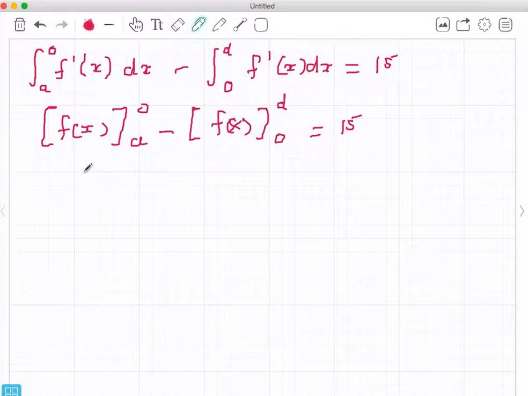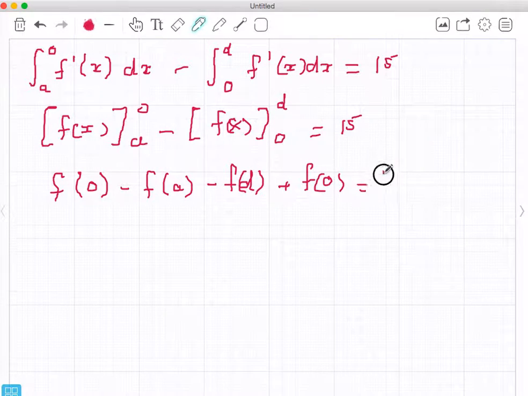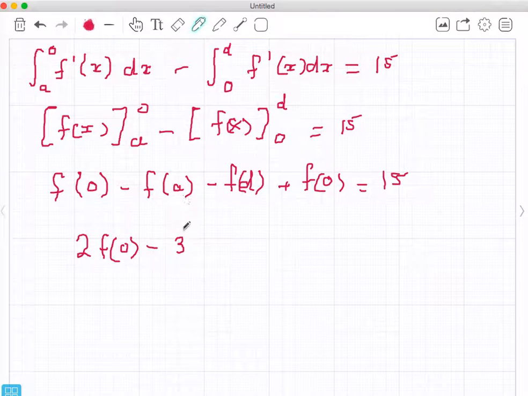So now I put in f(0), take away f(A), take away f(D), and then take away, but I've got a minus outside, so I'm going to add on f(0). And all of that gives me 15. Now, f(A) is given in the question. By the way, I've got two f(0)s. Let's start with that, two f(0)s. f(A) is given in the question as 3, so I'm going to replace that with 3.